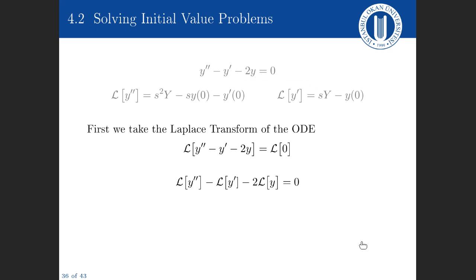Because the Laplace transform is a linear operator, on the left we have the Laplace transform of y double prime minus the Laplace transform of y prime minus 2 times the Laplace transform of y. And again, because it is a linear operator, it always maps 0 to 0. So on the right side, we just have 0.